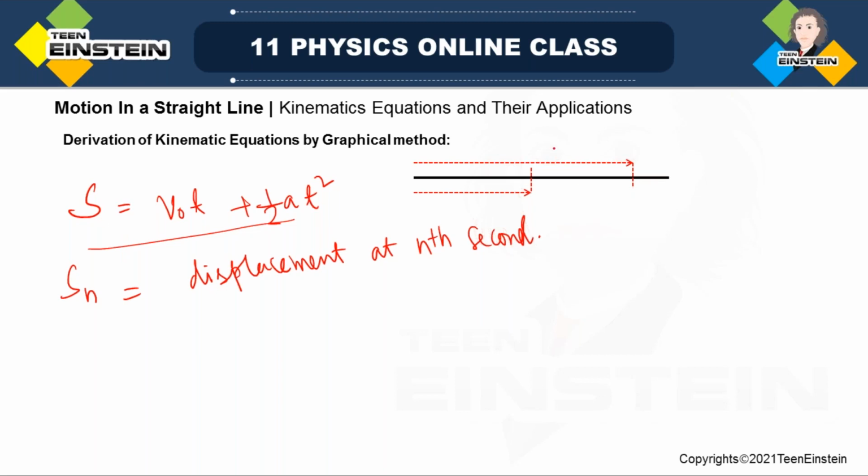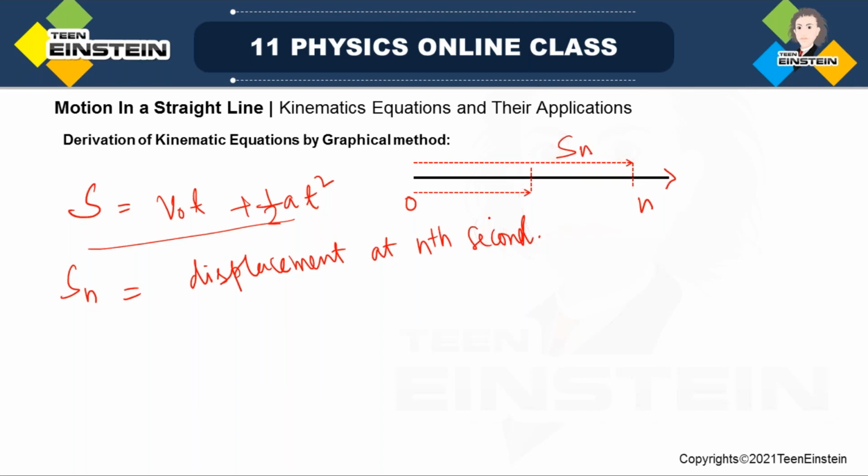So let us do one thing. I have drawn this schematic diagram. Suppose the object is moving till n seconds, or I am just observing the object from 0 to n seconds, and the displacement is this one.